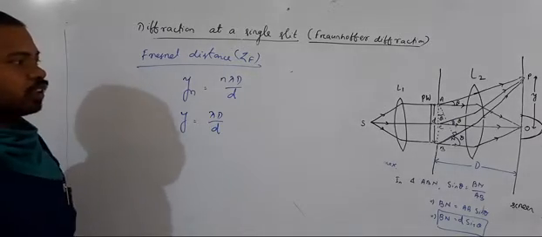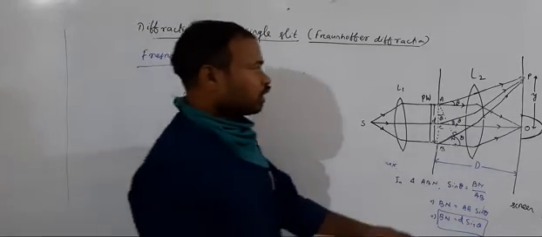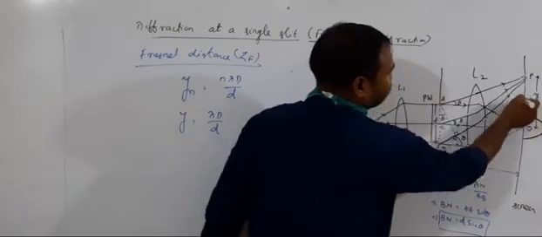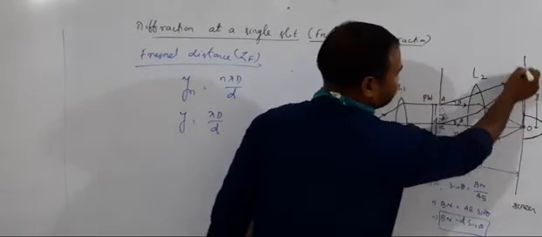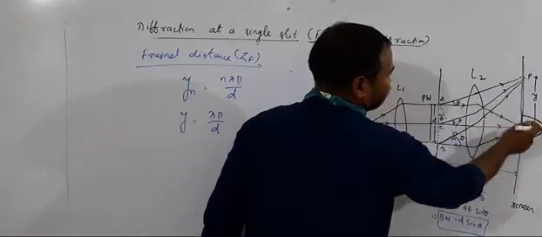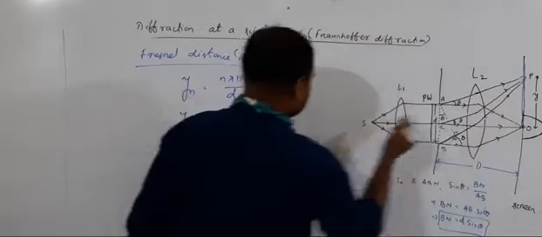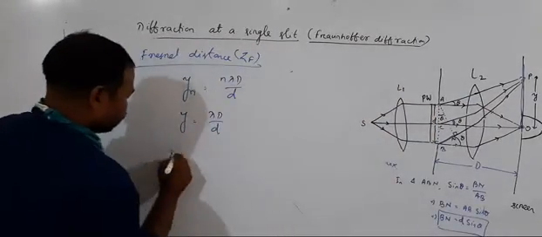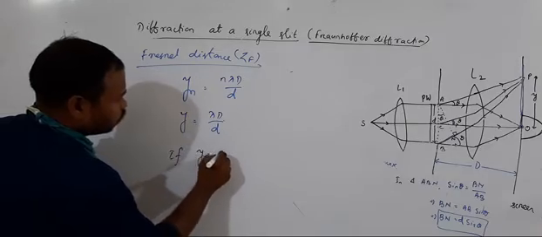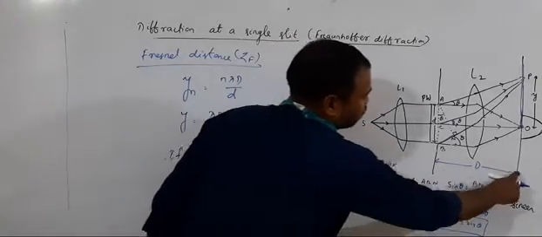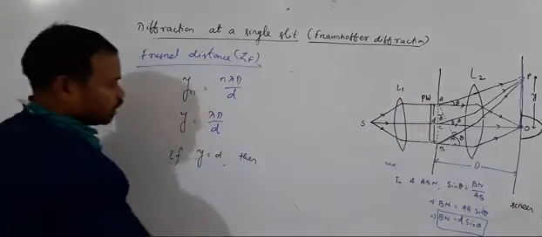So what is Fresnel distance? Now you see here, if the spreading of the diffraction pattern to one side from the center, either up or down, is equal to the slit width, that is if y is equal to d, then the distance between slit and screen is called Fresnel distance.